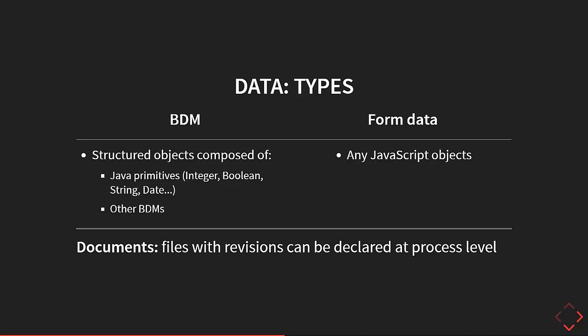For example, if you have an invoice that has a reference to a customer, you can make different objects and link them together. On the form data part, you have JavaScript objects, so you can create and define any kind of object. Usually you keep the definition of the object to just a simple variable name, and then you dynamically add the attributes of the object by binding the variable to the form's widgets, but we'll go back to this later.